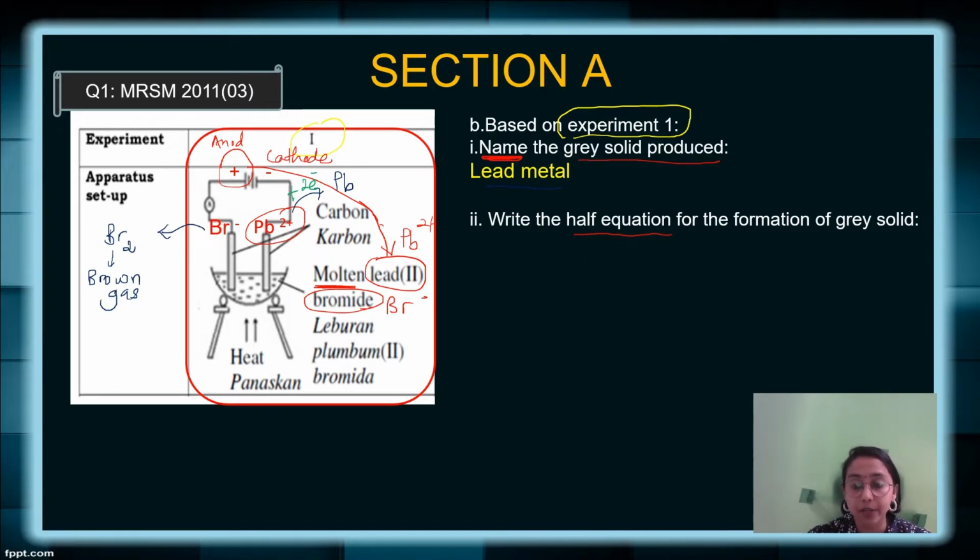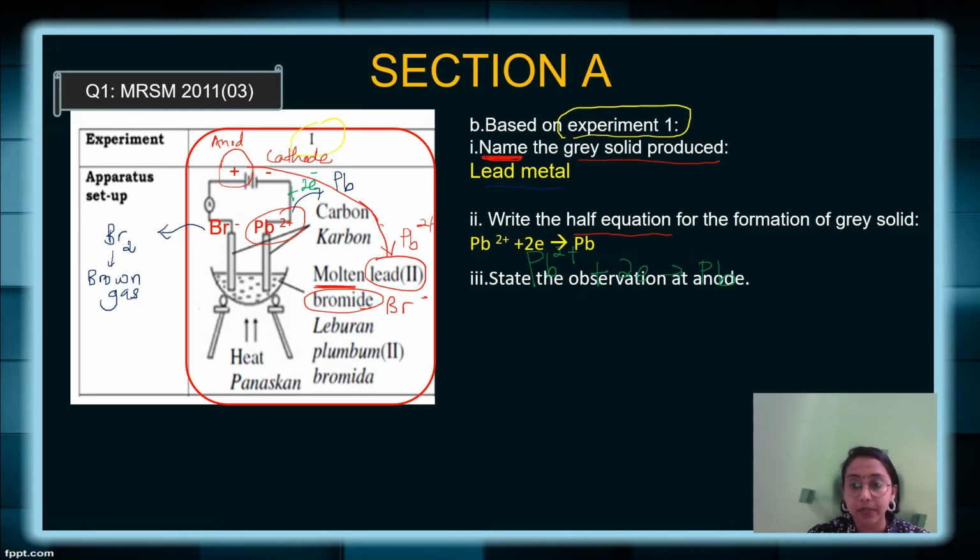Hence your half equation is Pb2+ receives 2 electrons, hence it forms Pb. If you look, everything is already balanced. 2+ means lack of 2 electrons, you receive the 2 electrons, it becomes a neutral atom. So this will be the half equation for the gray solid formed.